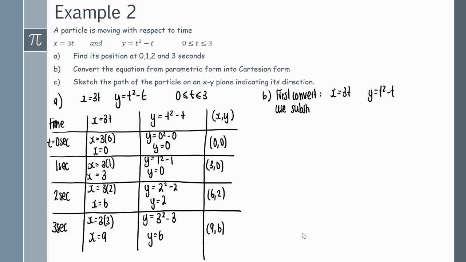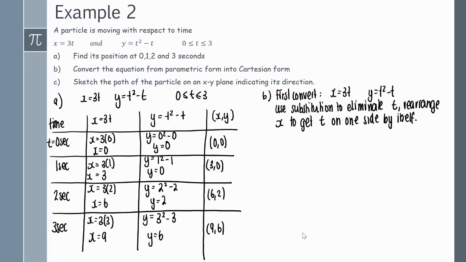So again, we use substitution, but the first thing you want to do is take your x equals 3t and make t on one side by itself and the x over 3 on the other side. So by rearranging, I just divide both sides by 3 and I'll get t equals x over 3.